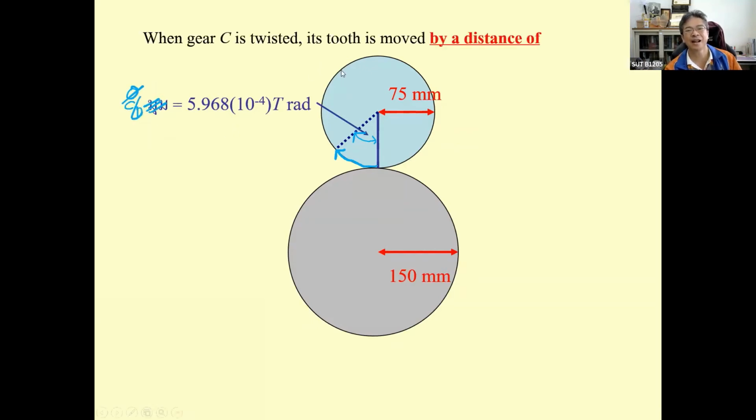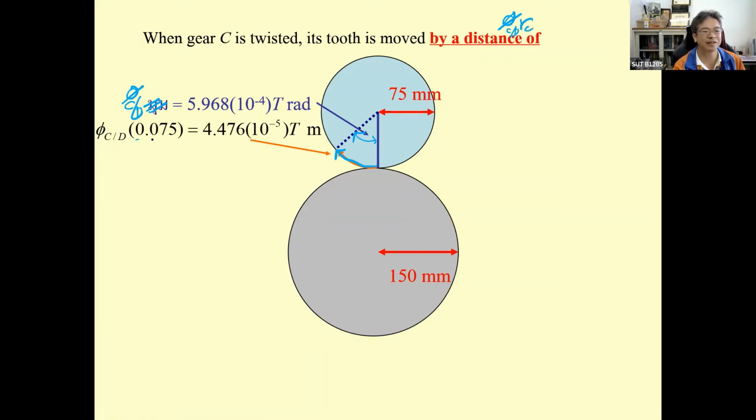And then the distance is going to be the same on the bigger gear. So the distance is going to be phi C/D times R sub C. The distance is here, and this distance is going to occur on the larger gear.